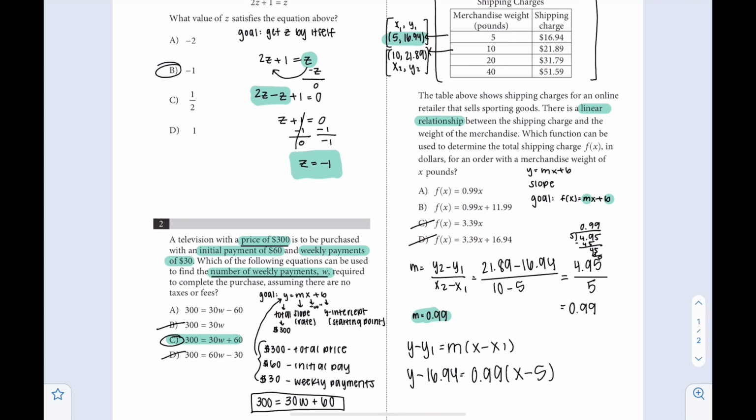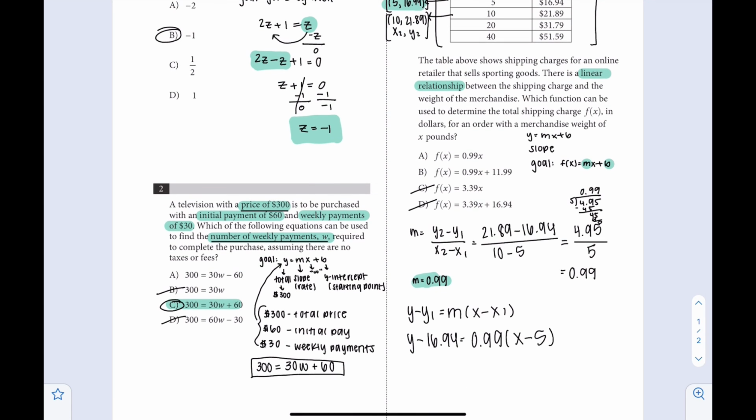And so we could distribute this all out and have to deal with decimals, but I'm just going to write y minus 16.94, distribute the 0.99 to each number, and 0.99 times 5 is going to be minus 4.95.